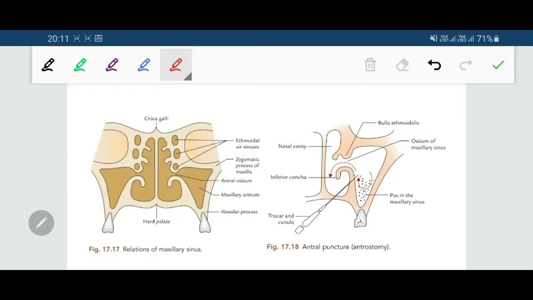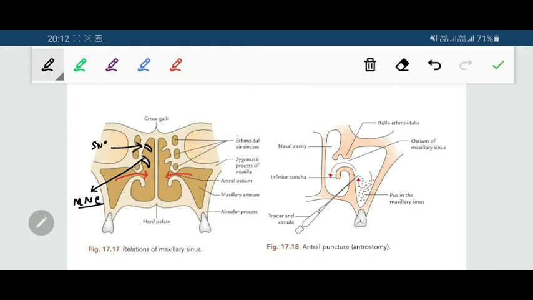So it is pretty evident that the maxillary sinus drains into the nasal cavity, and to be very specific, it drains in the middle meatus, which lies underneath the middle nasal concha.